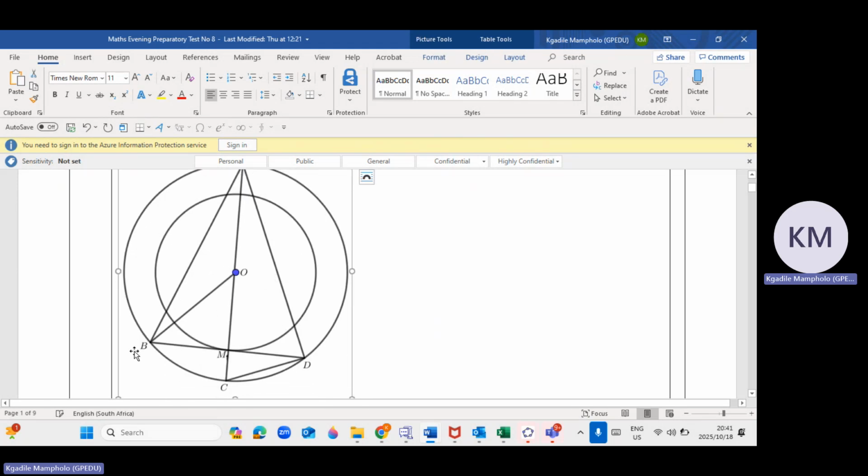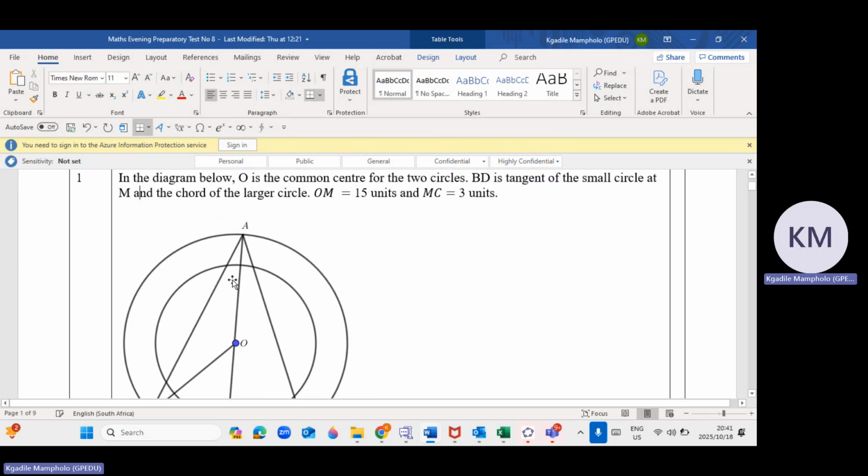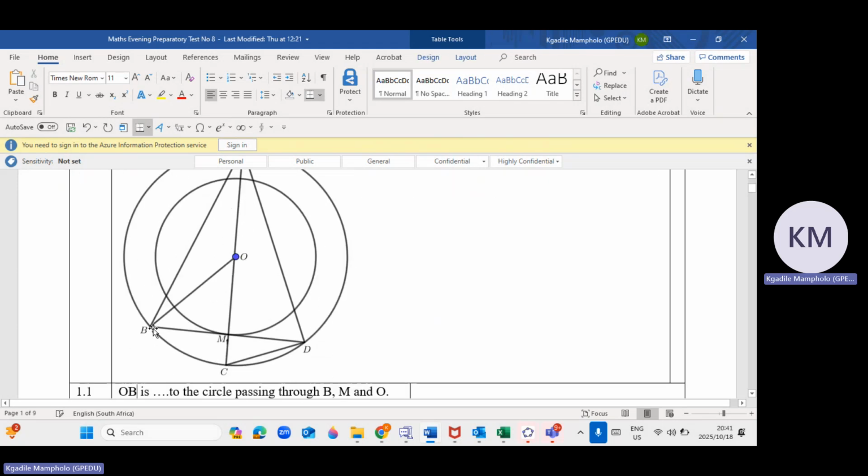But remember, we know from the statement that OB is 15 and MC is 3. Remember, OC equals OB. So if OB is 15, OC must also be 15.